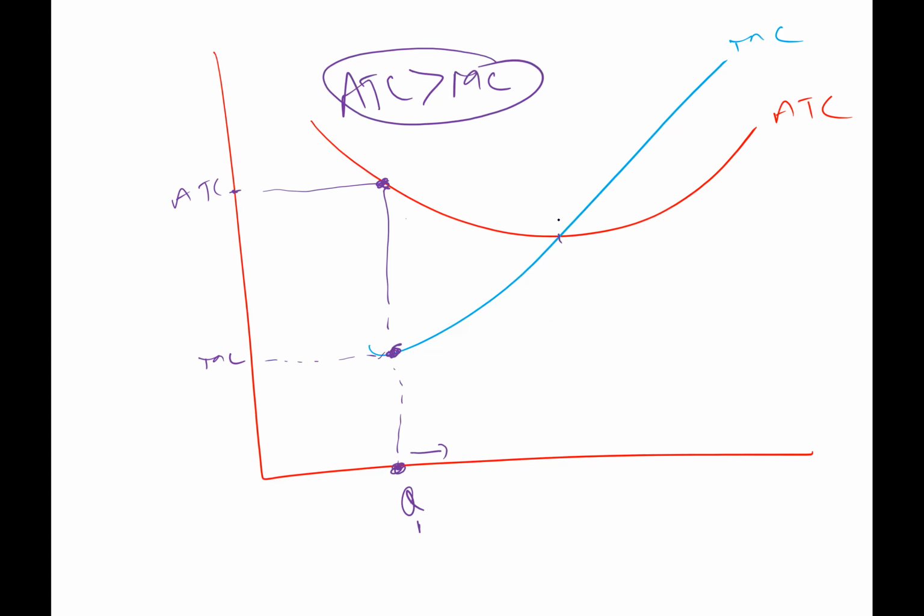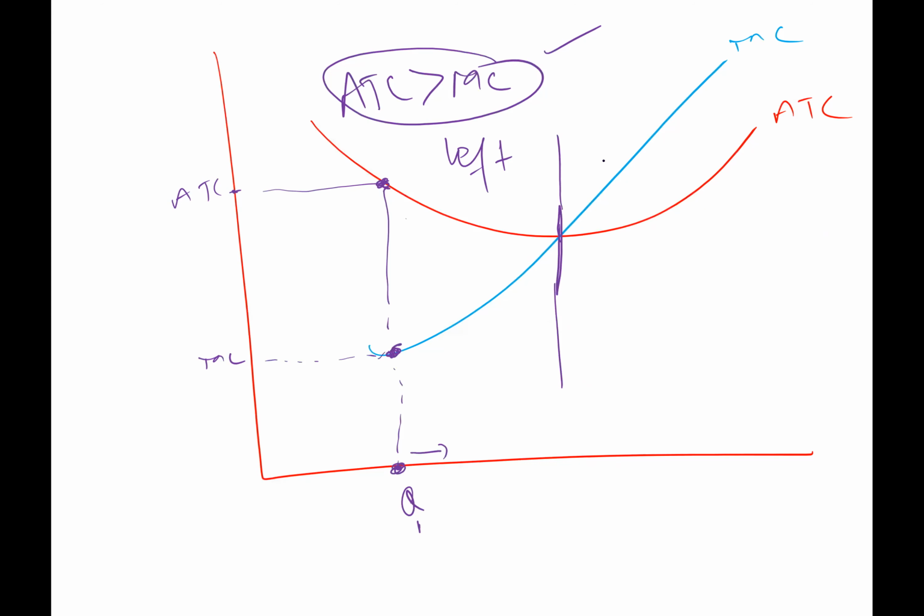So this is called the left side of the point where MC crosses the ATC. And what is the left side decision? The left side decision is to produce more. Simple. The logic is like that. If every total cost is greater than the marginal cost, the decision is to produce more.